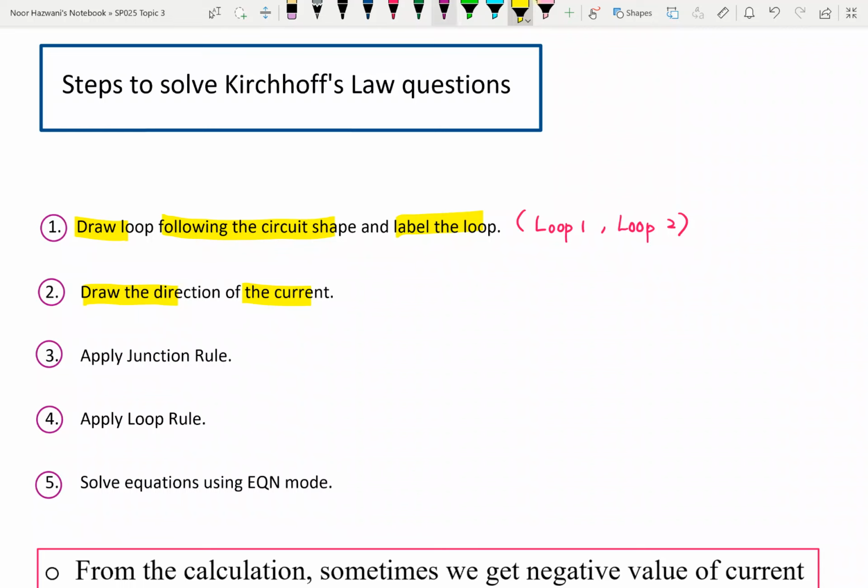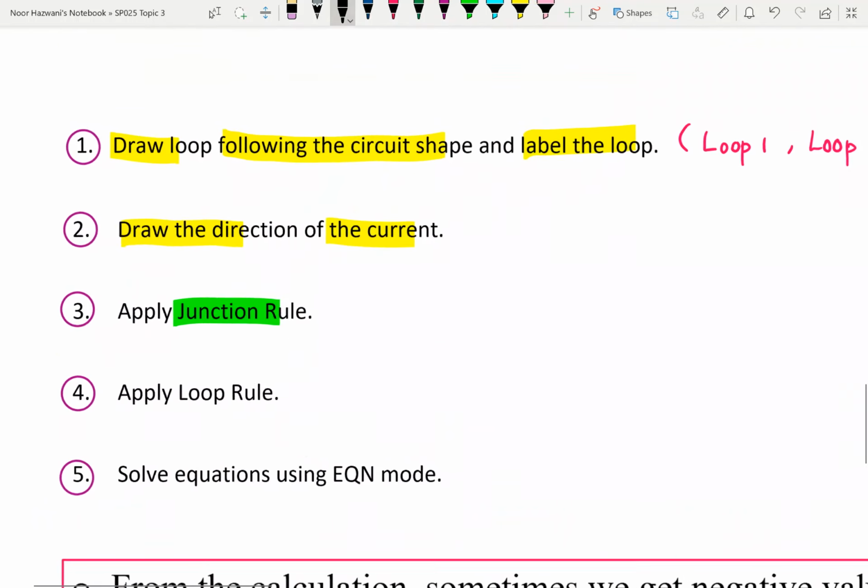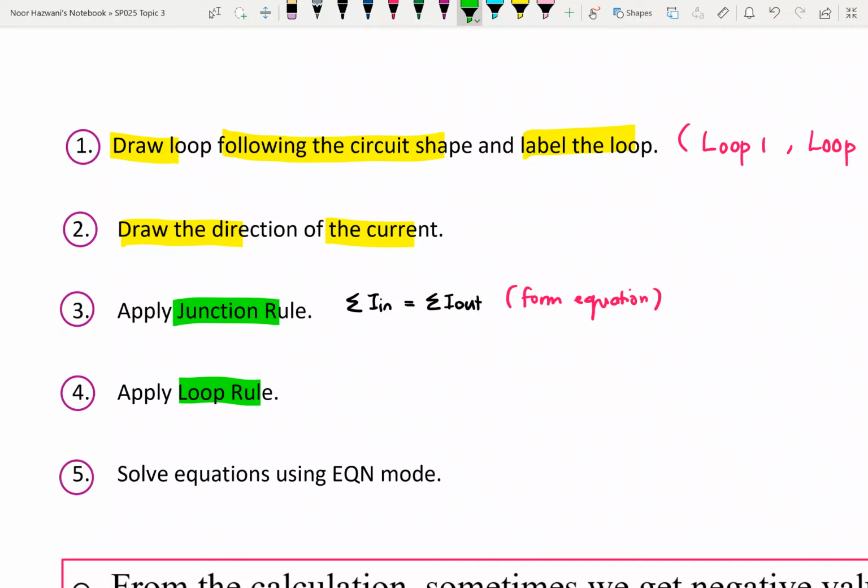Okay, next kita akan apply junction rule. So junction rule ni yang mana? Yang summation of I in sama dengan summation I out. So kita baru apply ni lah. Kita akan form equation. Okay. And then next kita akan apply loop rule. So bila nak apply loop rule, make sure you have two loops.